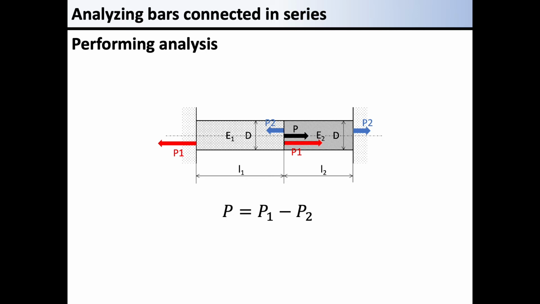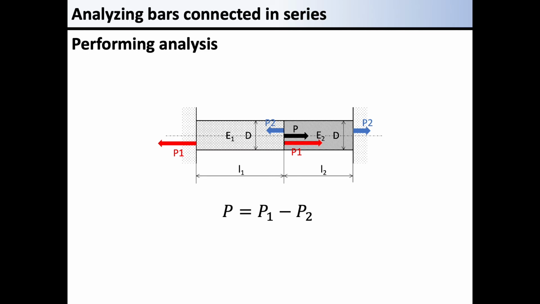It may be easier to understand by just focusing on the bar of the left side. Assuming that the bar of the right side does not exist, then we can forget about P2, and only P1 acts on the bar of the left side. In this case, P equals P1.